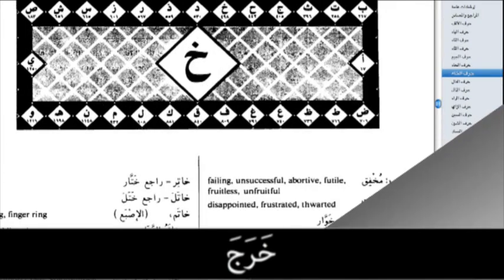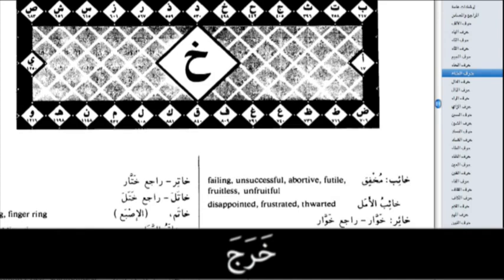But let's search for the word kharaja. We first begin with the first letter of the verb, which is al-kha. Once we have found this page, we then begin searching for the next letter, which is ar-ra.